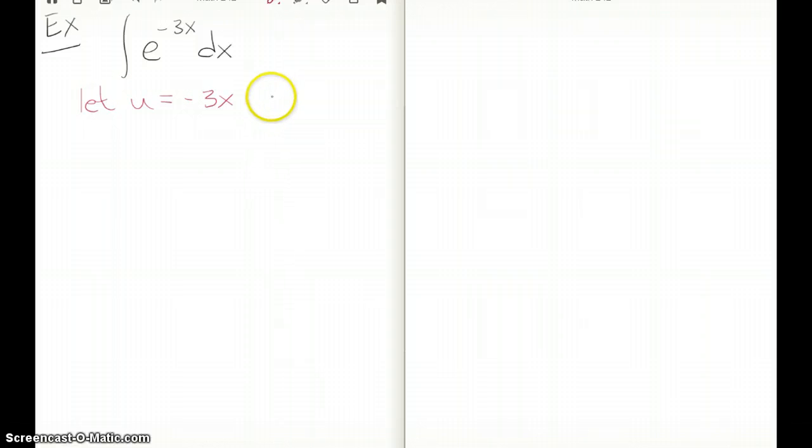When we do that, notice that we get du dx. What's the derivative of negative 3x? It's negative 3. One thing that I didn't mention in the last videos is that usually so far when I've gone through these problems and I've gotten to this step, I usually move the dx up.